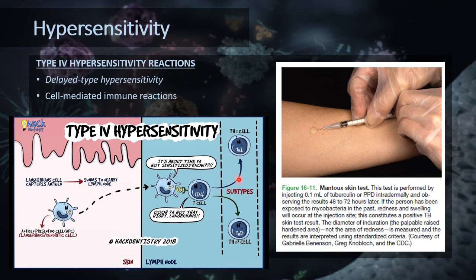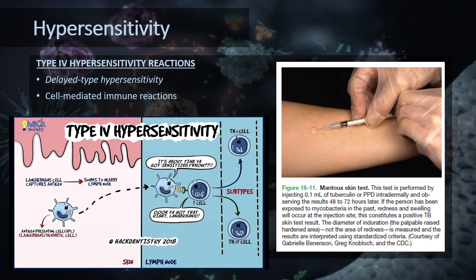These cells will release mediators to attract effector cells such as the cytotoxic T cell and the natural killer cell.